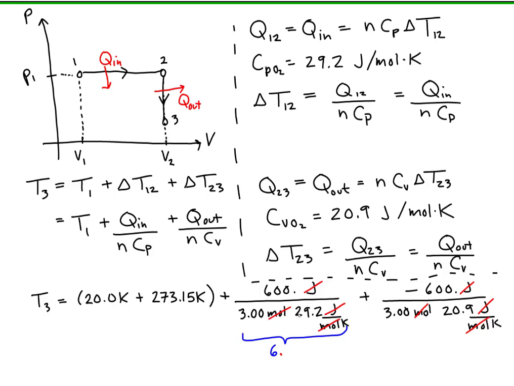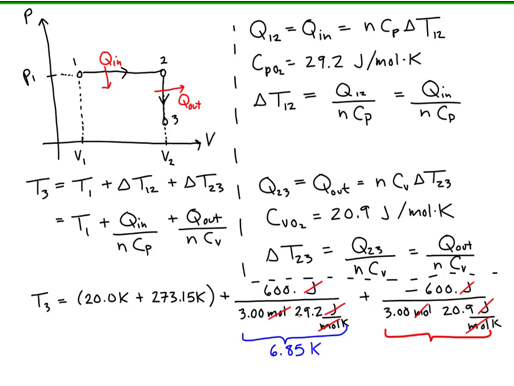Since there are additions and subtractions, let's keep track of the precision of our terms so that we can add and subtract them by using the proper rules of addition and subtraction and significant figures. This first term is 6.85 Kelvin.